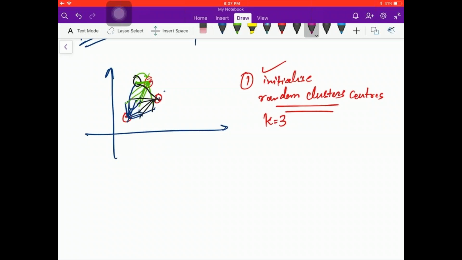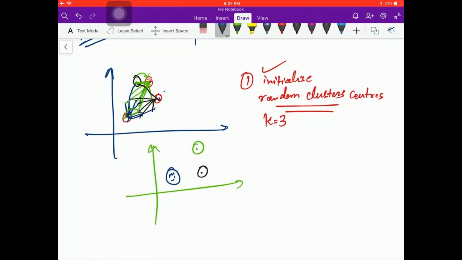Similarly, let's say this point also has three distances, so the least one is here. It will be grouped here. So after one iteration, let's say the top one was a green cluster, the bottom one was a black cluster, and this one was a blue cluster.